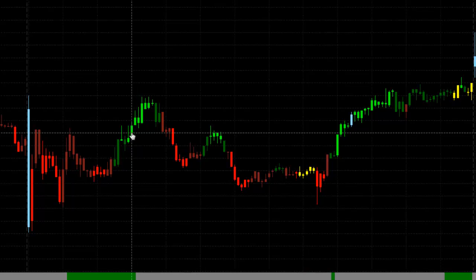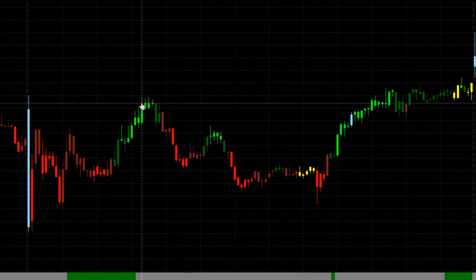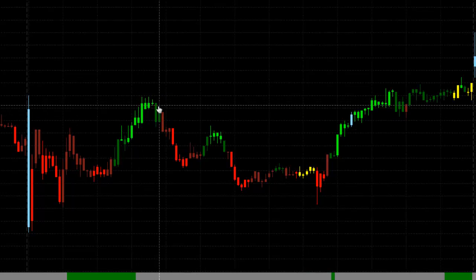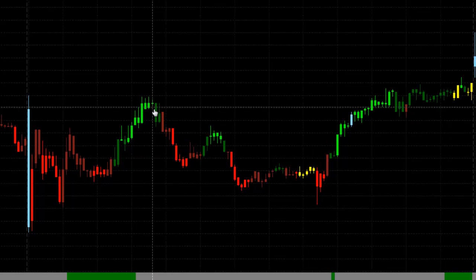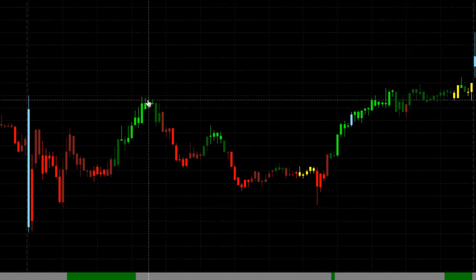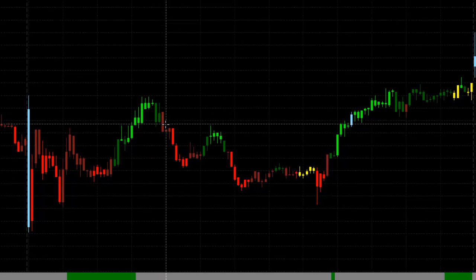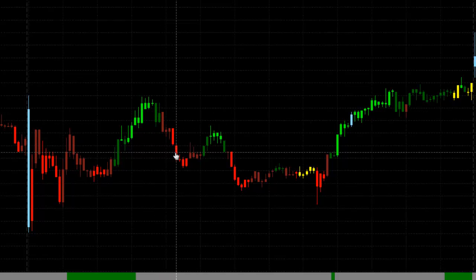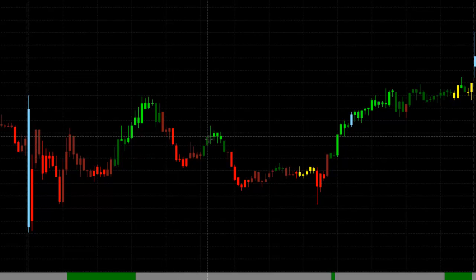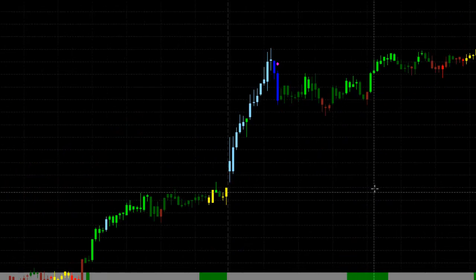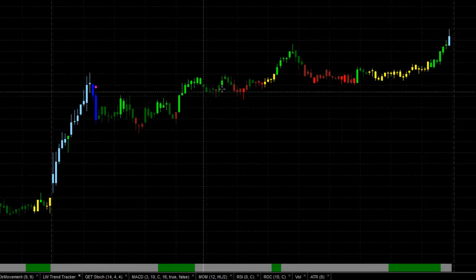But now we've flipped to a strengthening uptrend. All right, and here's the opposite. We had an uptrend that was strong, weakening. Now it's a confirmed downtrend, a confirmed downtrend that's strengthening, and so it goes. So that's the red and the green.